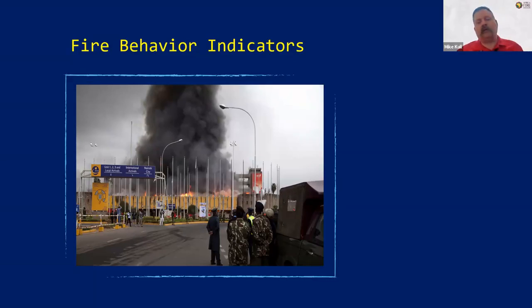So lots of things that we can evaluate there with fire behavior. Okay. You can also look for indicators of heat. You might see the paint blistering from the other side of the wall. You might see bubbling tar, cracked glass. All right, all sorts of indicators of what the heat is doing inside the building or where there are hot spots in the building.